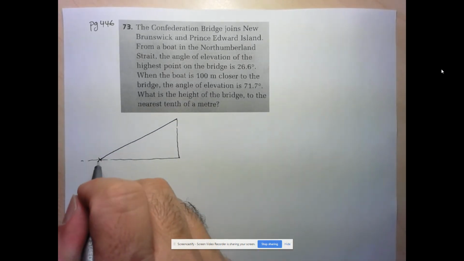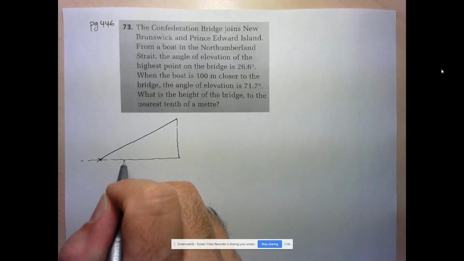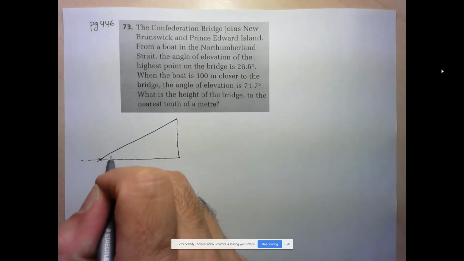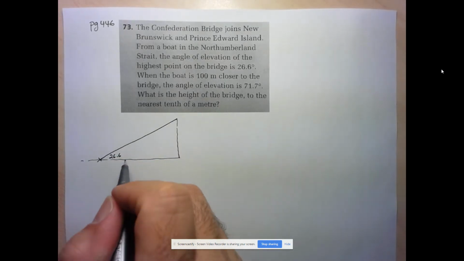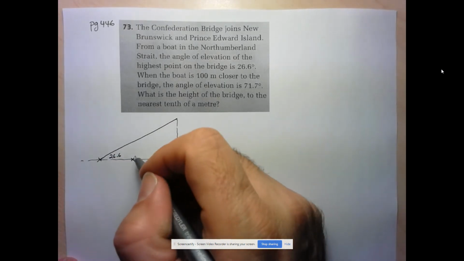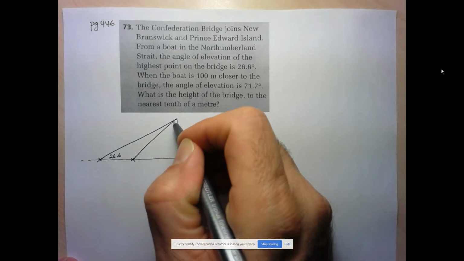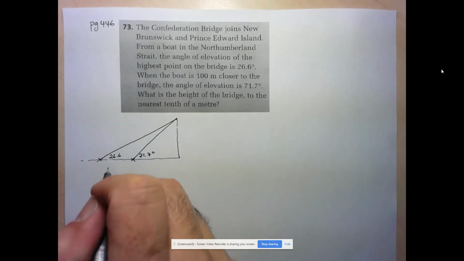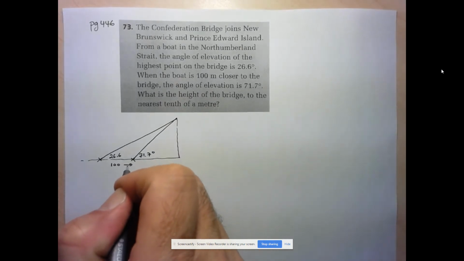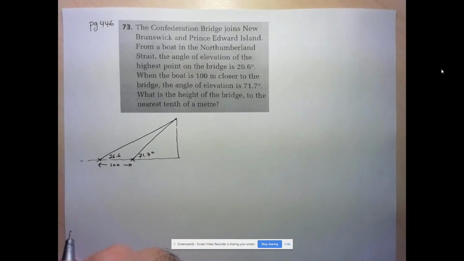Angle of elevation, remember, is from the horizontal upwards. So this here is 26.6. And then 100 meters closer, somewhere else here, you look up again towards the top of the bridge, and this is 71.7 degrees. And this distance between the two viewpoints is 100 meters.